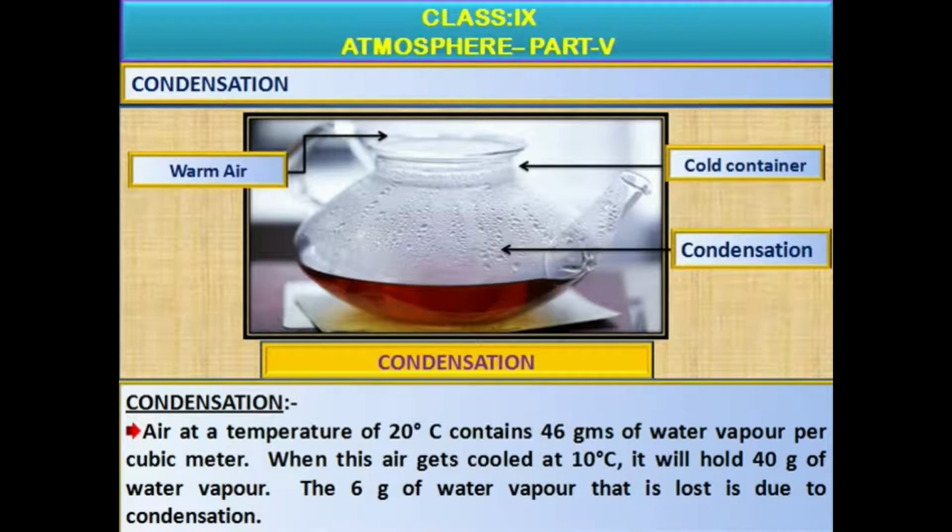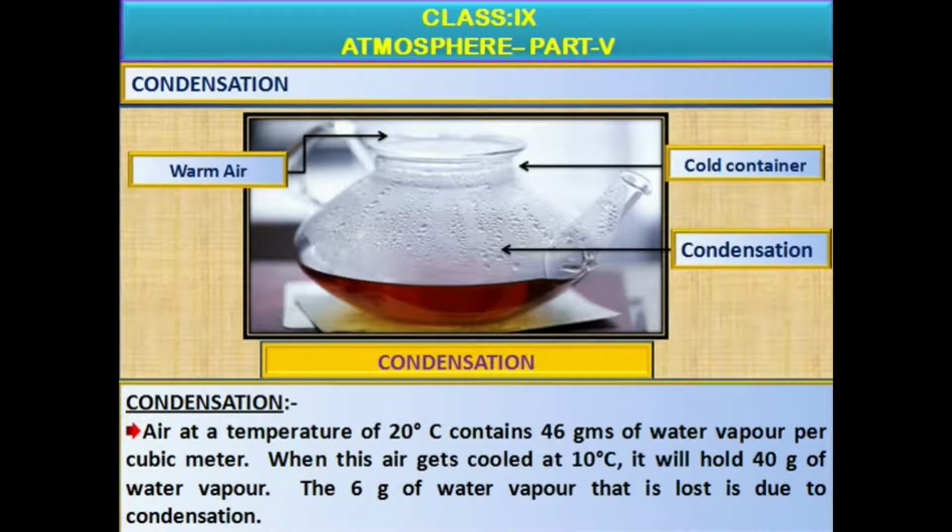For example, when air at a temperature of 20 degrees Celsius contains 49 grams of water vapor per cubic meter and gets cooled to 10 degrees Celsius, it can hold only 40 grams of water vapor at saturation level. The excess of 9 grams of water vapor gets condensed.